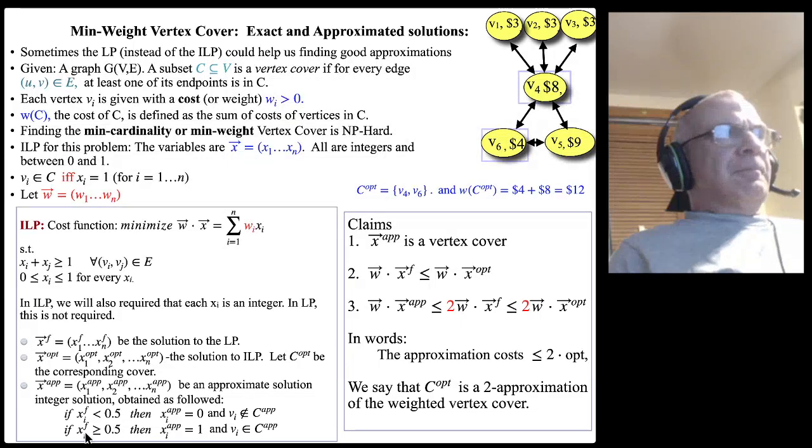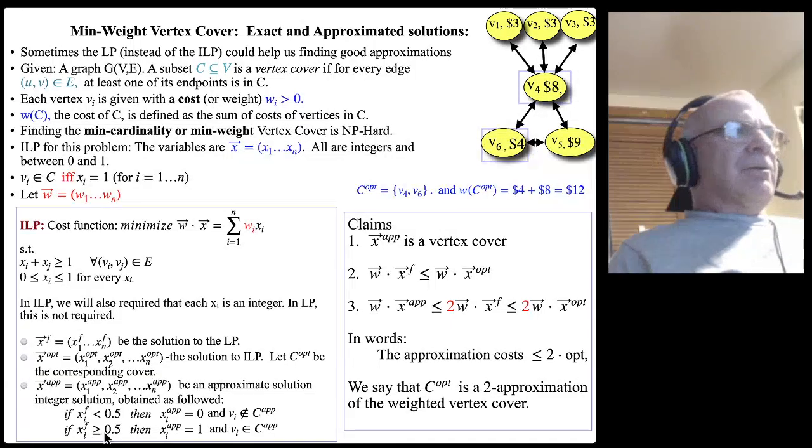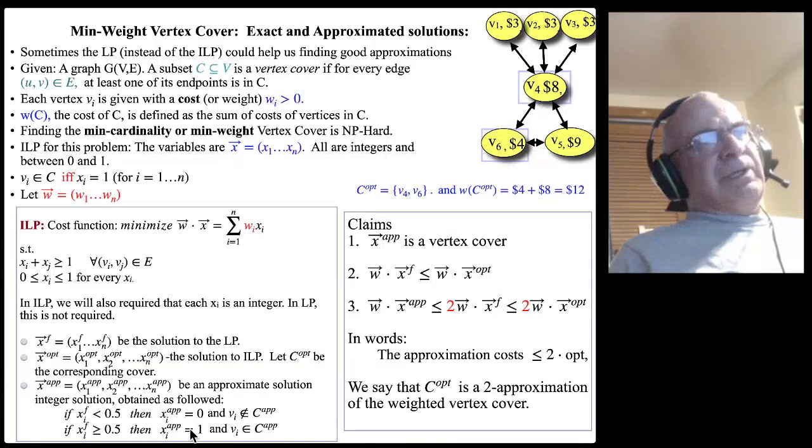I'll never multiply xi by 3. I'll never multiply x5 by 5. I'll only increase the xi's if they are already larger than half. Only then I'll replace their value with 1.